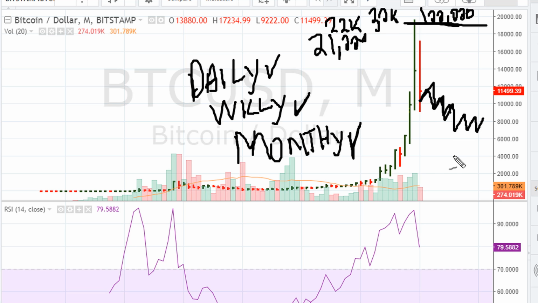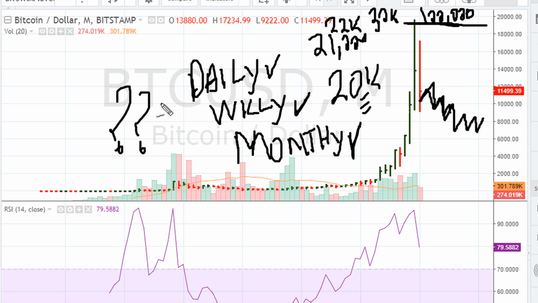Otherwise, who knows how long we are going to be sideways before we ever test the recent highs at 20,000. If we ever test the recent highs, it might be in time, and time is an X. We don't know what the time is going to be. Some markets might take a couple months. Some markets, as we've seen, take many years.